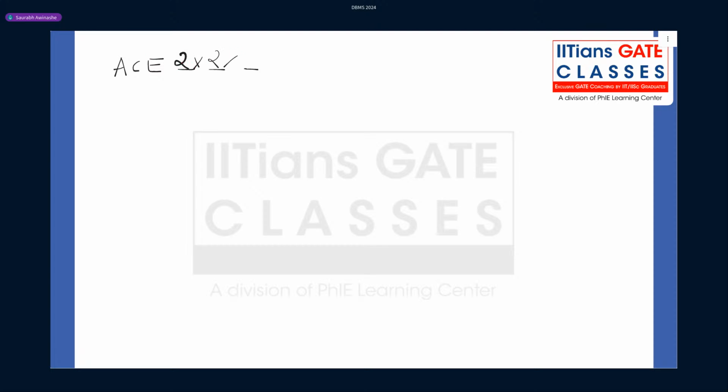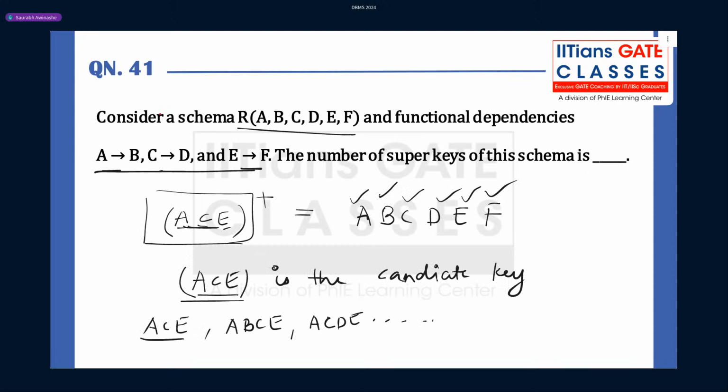So we have 2 into 2 into 2, that is 2 power 3, which is 8, right? You can have 8 super keys because apart from ACE, B can either be present or not be present. It has two options. Then D can either be present or not be present as a super key. So that gives us two options again. And F again the same. So it's 2 into 2 into 2, which is 8. Okay.